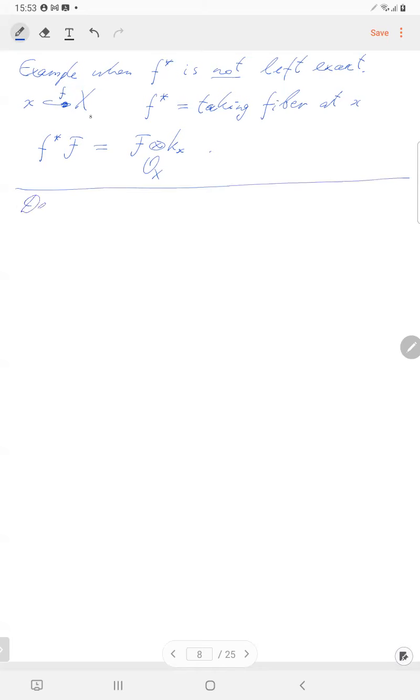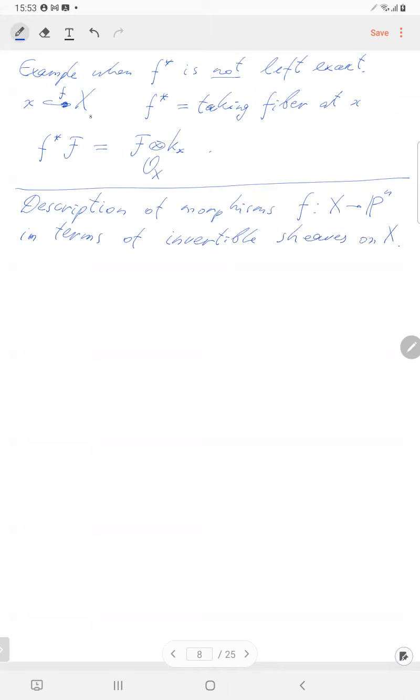So, a description of morphisms F from X to P^n in terms of invertible sheaves on X. This is something very simple-minded on the one hand, and on the other hand, it's very important.